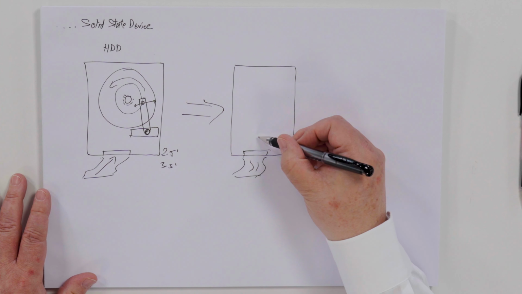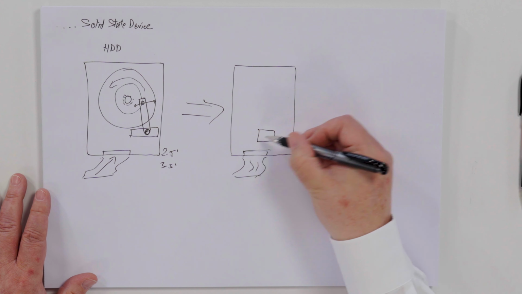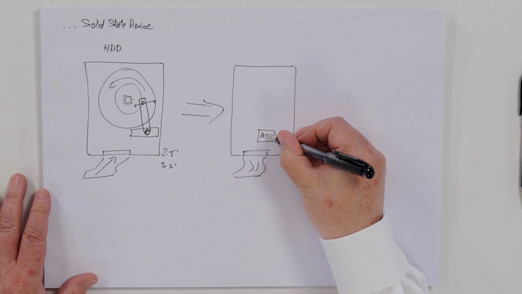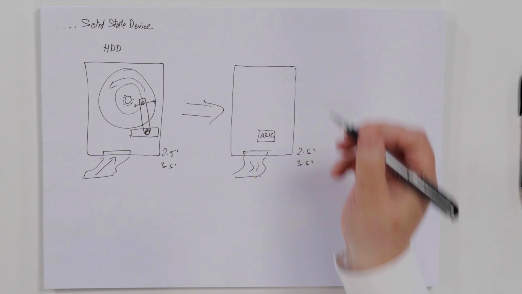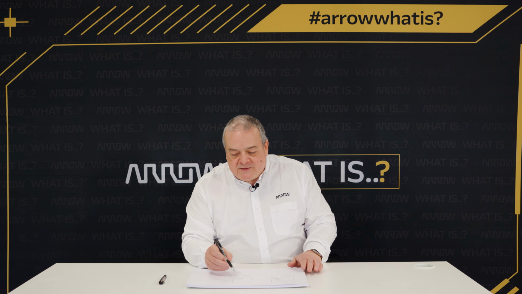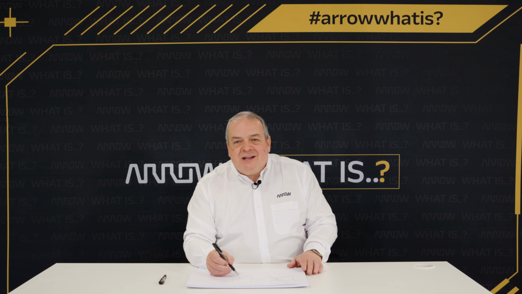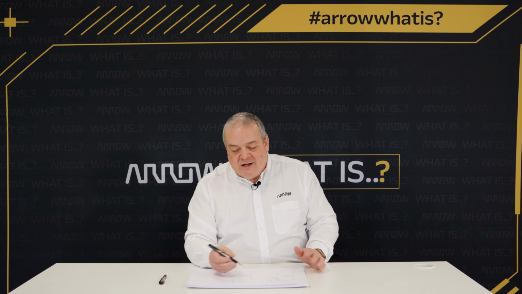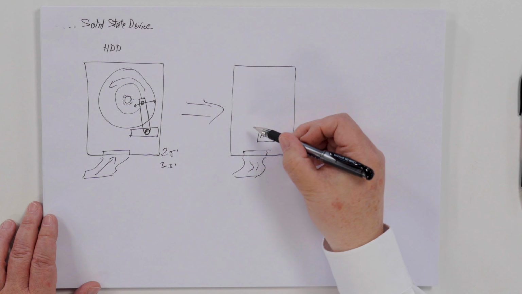Now, if we look inside the system, there will be some form of controlling chip. Let's call it an ASIC. Again, the buzzword is application-specific integrated circuits, but basically it's the processor inside the hard drive that has some code on that is designed to do one specific task, and that's reading and writing data.